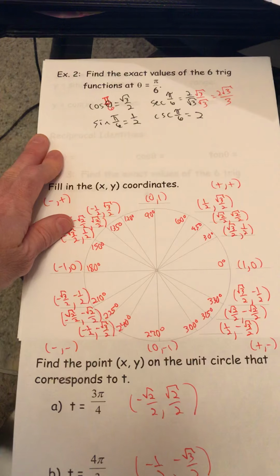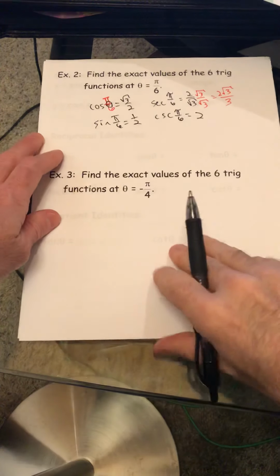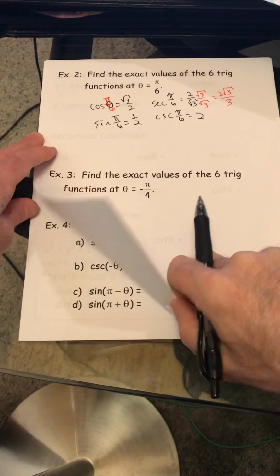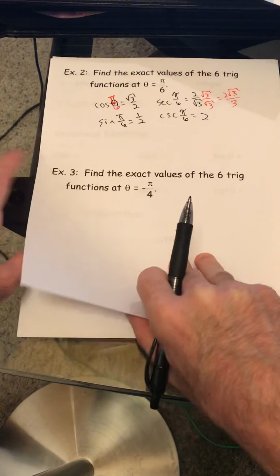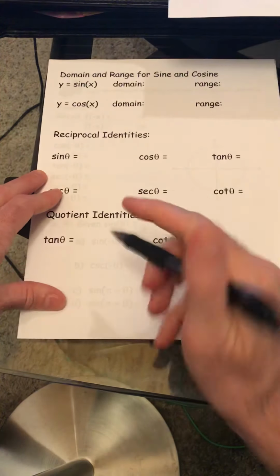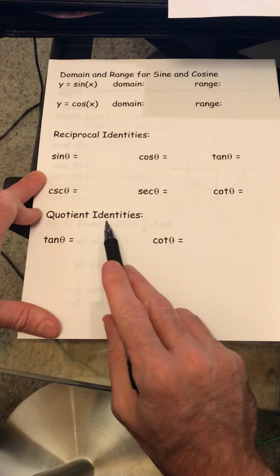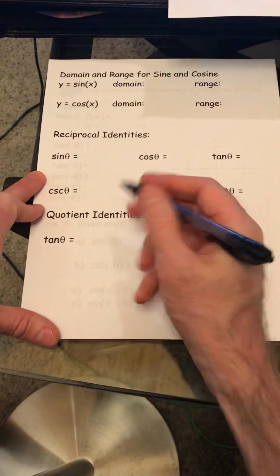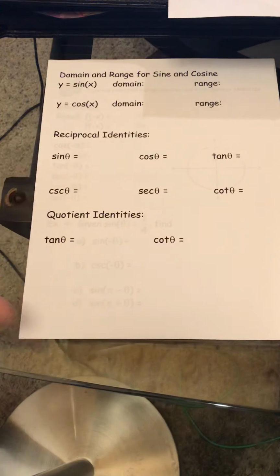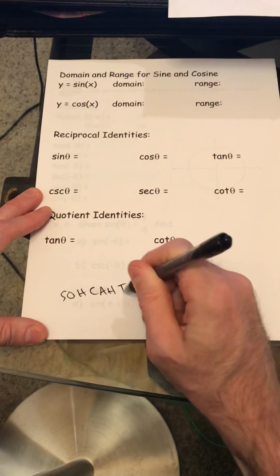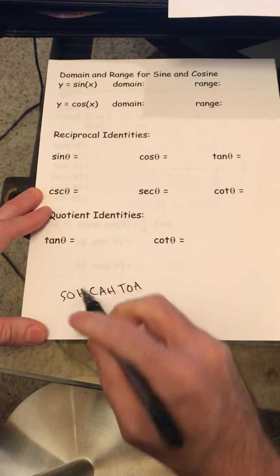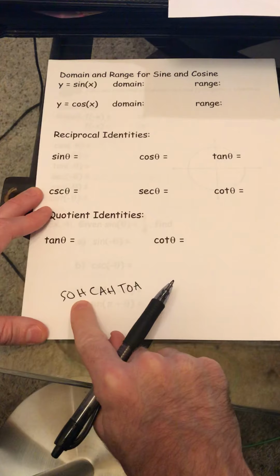Now, something that we have not necessarily talked about yet, but I'm even going to go to the last page if you have printed things off, and talk about quotient identities. Well, quotient identities, if you think about SOHCAHTOA, sine is opposite over hypotenuse.